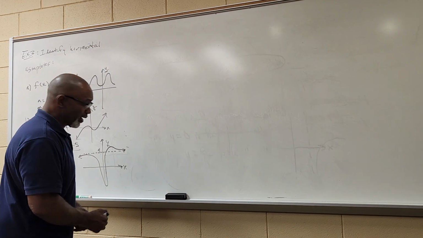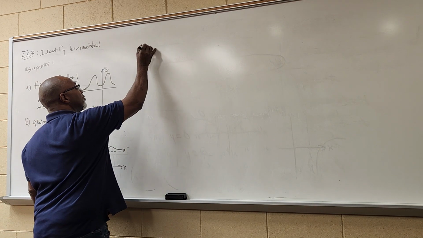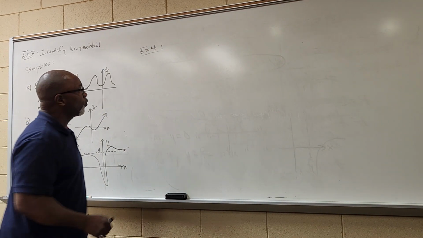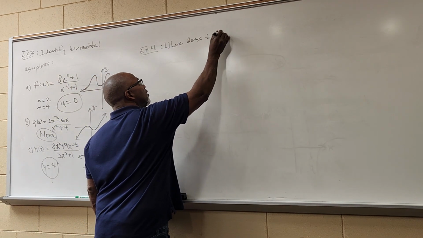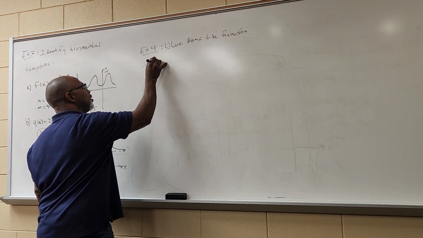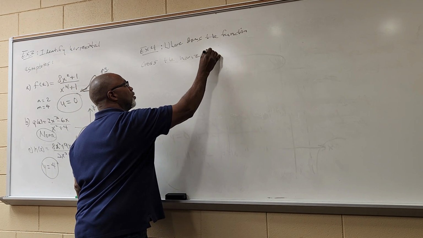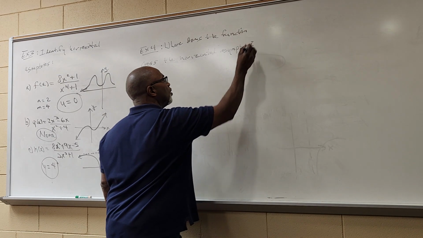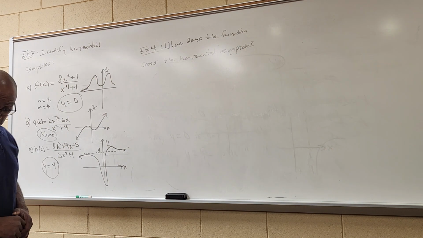Now, how do I figure out where? We just said that a function may cross a horizontal asymptote. So example 4. I want to know where the function crosses the horizontal asymptote.